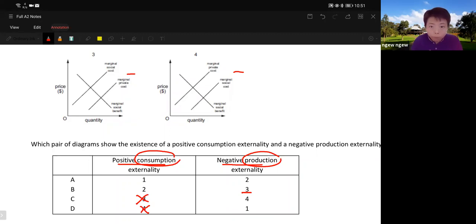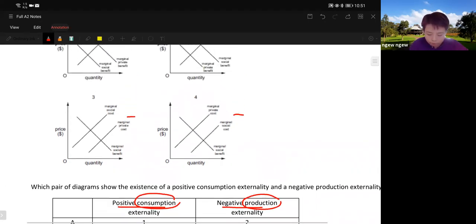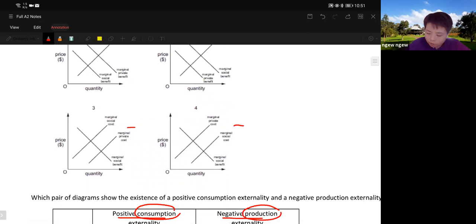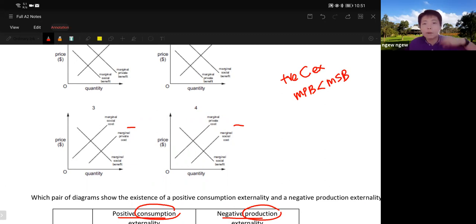Then let's confirm whether the answer is correct. Now, they want positive consumption externality, so we look at either 1 or 2. If I want positive consumption externality, my MPB must be smaller than my MSB, because my consumption brings a positive effect to the third party.